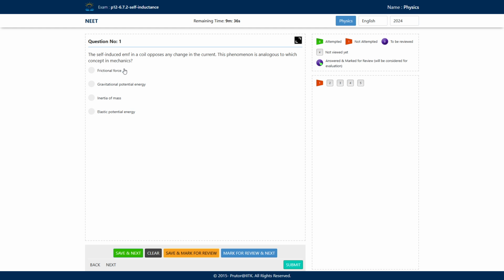First question. The self-induced EMF in a coil opposes any change in the current. The phenomenon is analogous to which concept in mechanics? Write your answers in the comment section. Which option is correct: frictional force, gravitational potential energy, inertia of mass, or electrostatic potential energy?